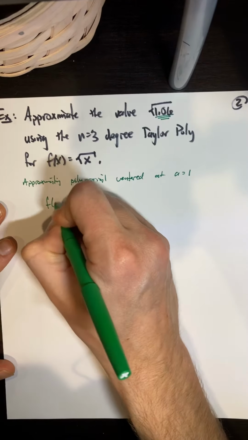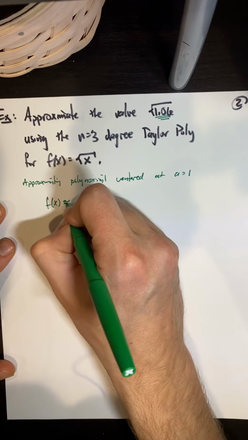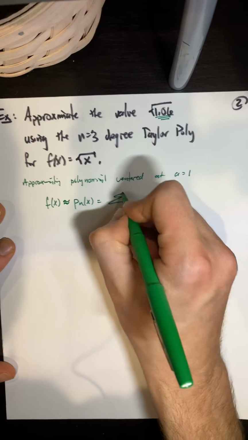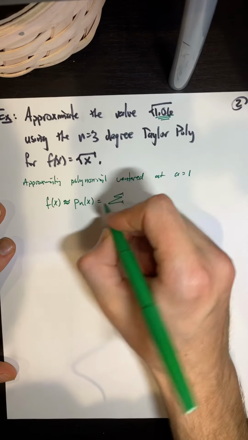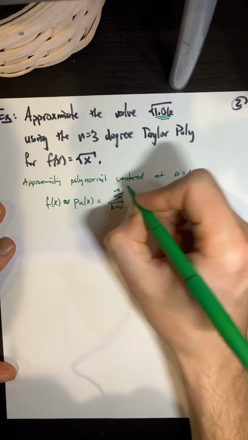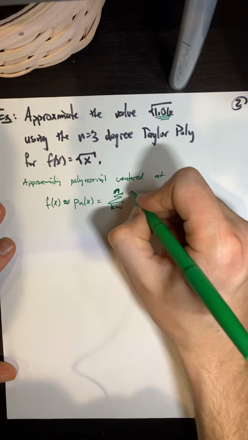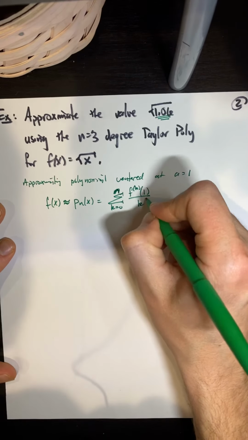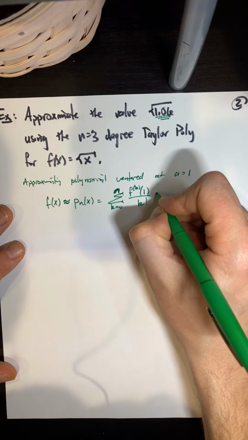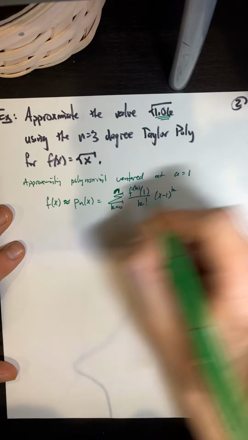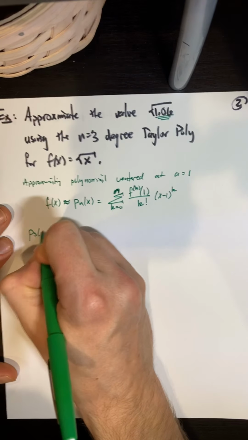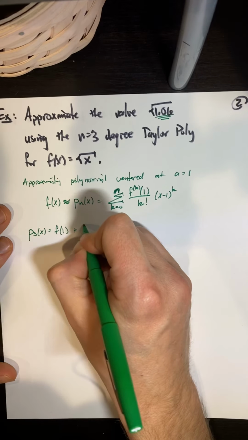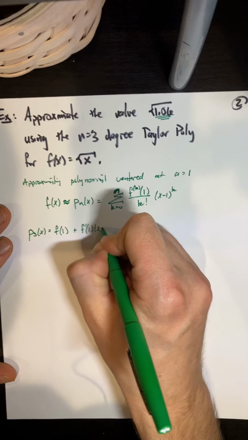So the theorem says essentially, f of x is approximately equal to the nth degree Taylor polynomial, and that polynomial at a would be the sum from k equals 0 to n of the kth derivative evaluated at the point 1, divided by k factorial, times x minus 1 to the k. So if I want to find the third degree, the first term would just be f of 1. The second term is f prime of 1 times x minus 1.